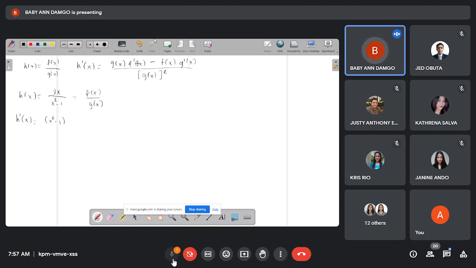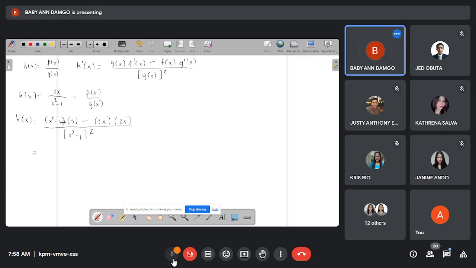Next, kuhaon na to ang derivative sa f of x, which is the numerator, which is 3 minus, copy f of x, so this is 3x. And then, kuhaon na to ang derivative sa g of x, so this is 2x all over, so this is x squared minus 1 to the power of 2. So, i-copy ra na to ang g of x nga x squared minus 1.